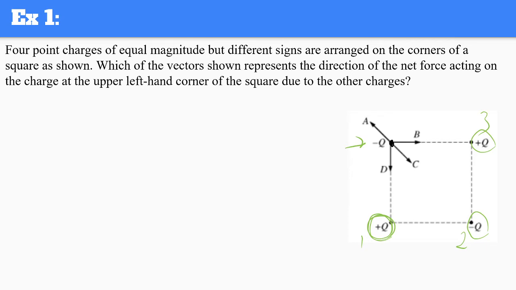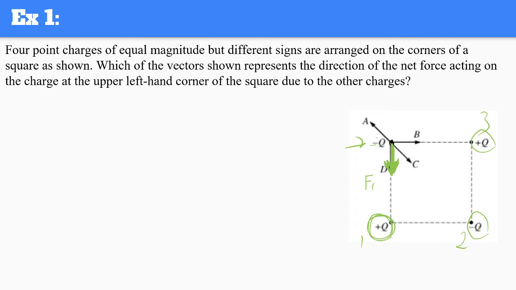So let's start with the first charge. Negative, positive, so they're going to attract each other. So the first force that we have in between Q and the first charge is going to be going in this direction. Let's call it F1. And the force in between 2 and the charge that we have is negative here.